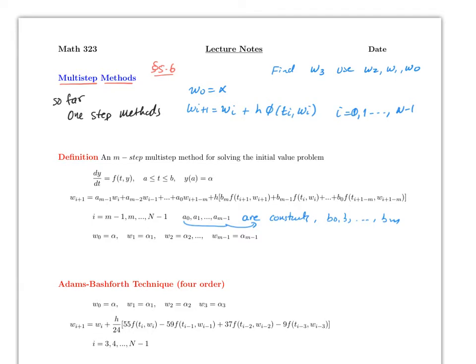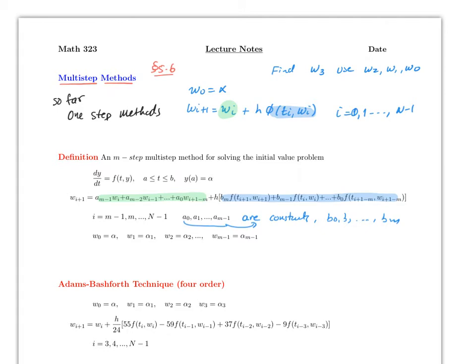And now, instead of just having one condition or one starting point, you can have 2, 3, 4, all the way to m minus 1, depending on how many steps you want to use. Again, this part pretty much is this for the equivalent of one step, and this is equal to this if it was only one step.